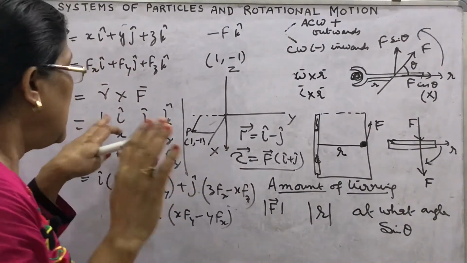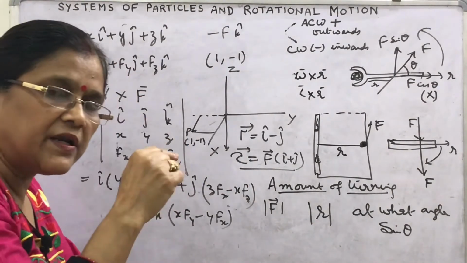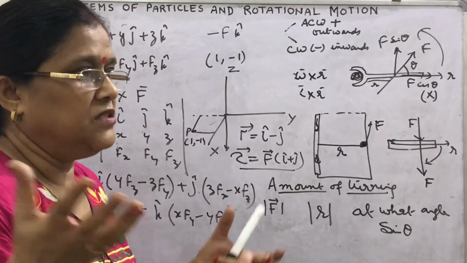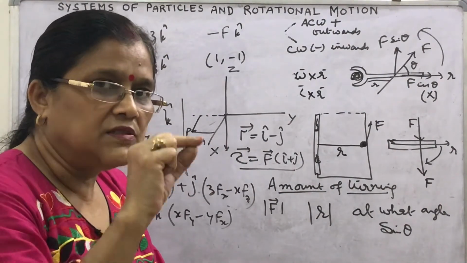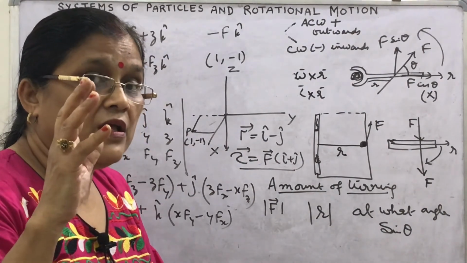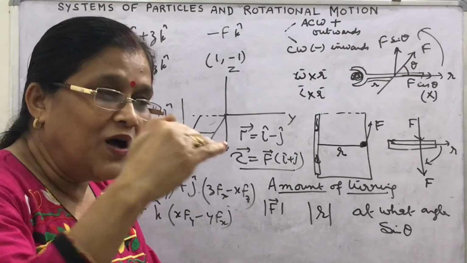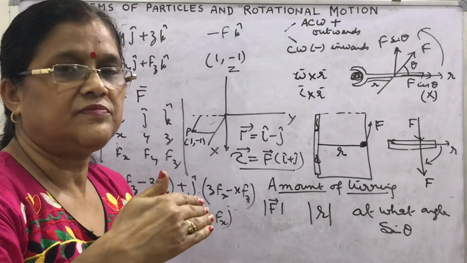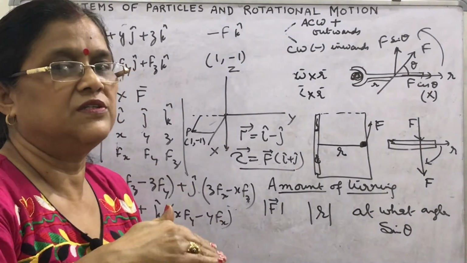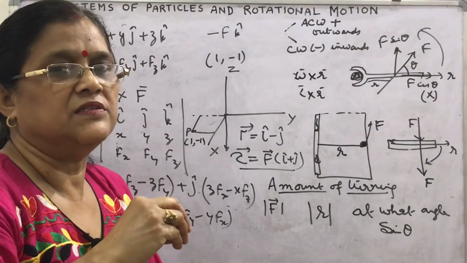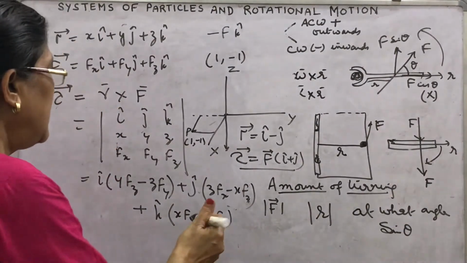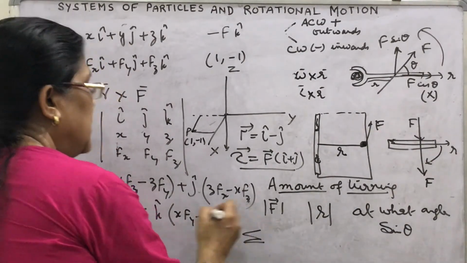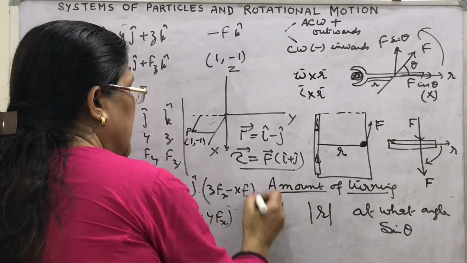And for the system of particles, if the force is applied at one particle of the rigid body, and the rigid body is made up of n particles, then torque is a vector, so we take the vector sum of all the torques acting on individual particles. How can you write this? This will be the sigma from i equal to 1 to n.